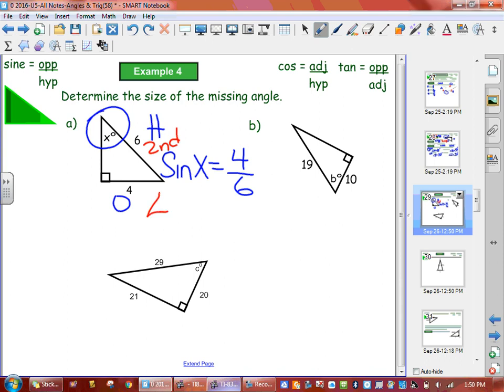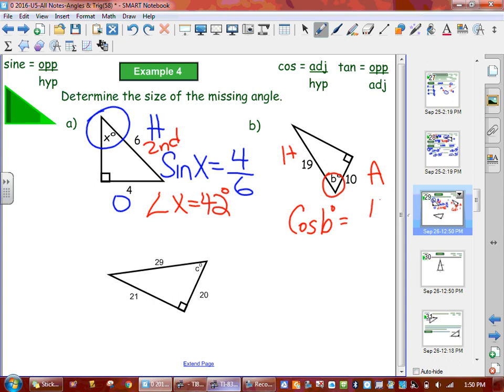We're going to do the same thing to B. Circle and label A and H. With A and H, I need cos of B equals A on top of H. And I need to hit my second button. So second cos, 10 divided by 19.